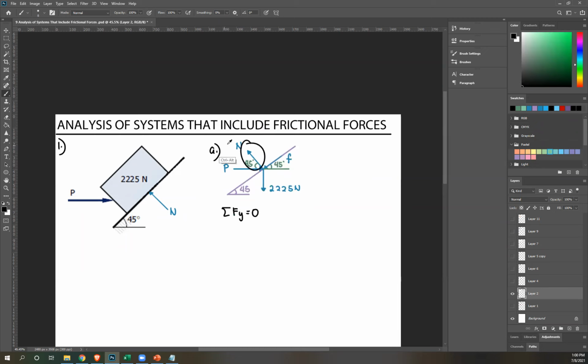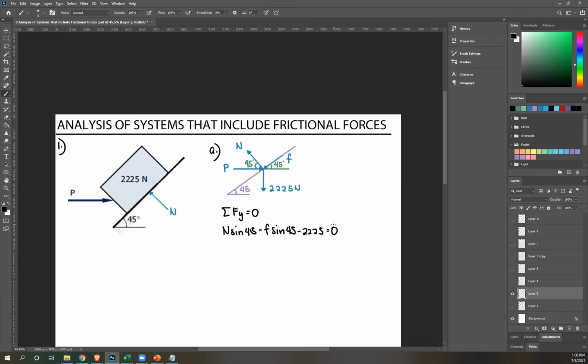So n is upward, so positive n. Vertical component is sine 45. This is downward, so negative f sine 45. This is downward, minus 2225. There's no other vertical force, so equate that to 0.